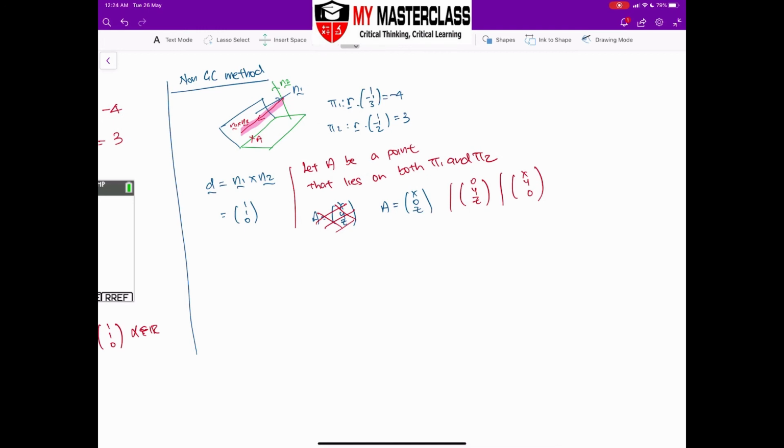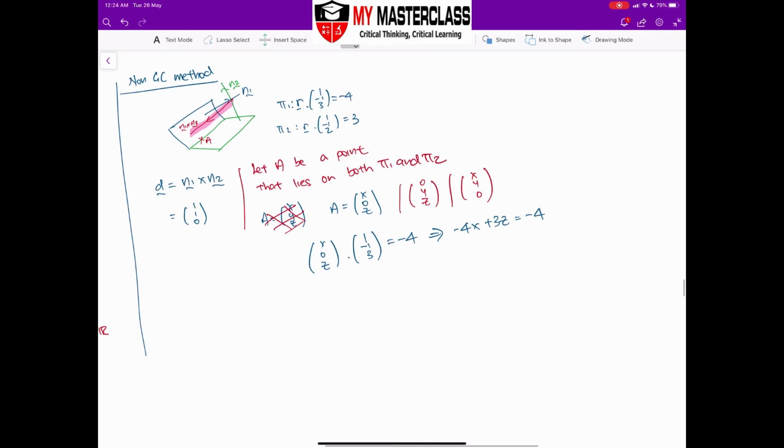Assuming I'm going to use the first one, I'm going to take (x, 0, z) dot with (1, -1, 3), which is my first plane equation. I'll get -4. From here, I should derive that x plus 3z equal to -4. That's my first equation. If I sub into my second plane, dot with (1, -1, 2), I will get 3. From here, I will derive that x plus 2z equal to 3.